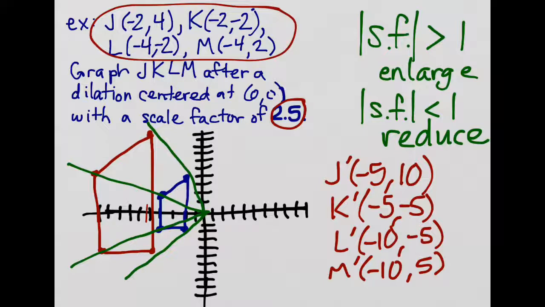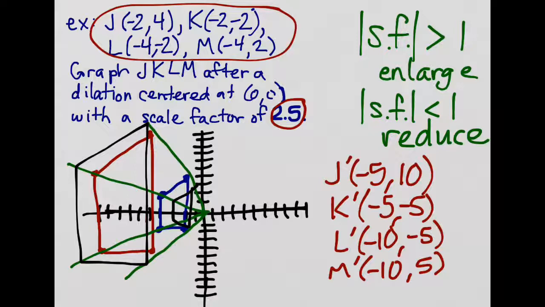And those are the lines where the shape would stay. So if we were to enlarge it with a greater factor, it might come out like something like this. If we dilated it with a smaller factor, it might look something like this. Okay?